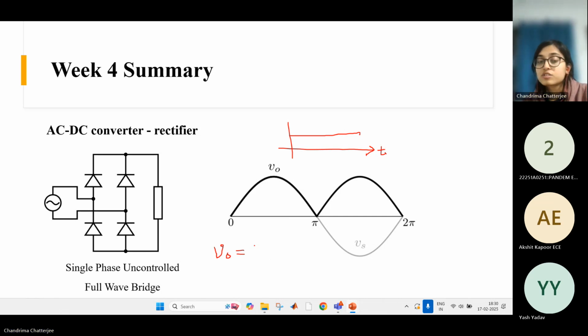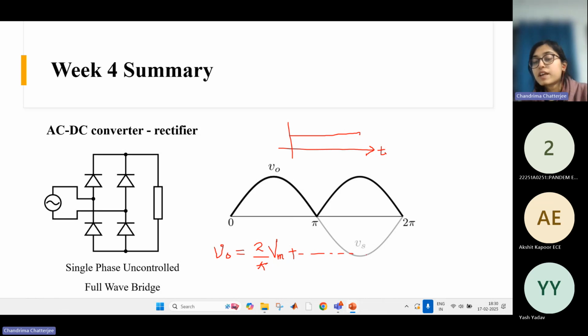The term will be 2 Vm by pi, that you can calculate by yourselves from the formulas, and afterwards you will get some sine terms, right?